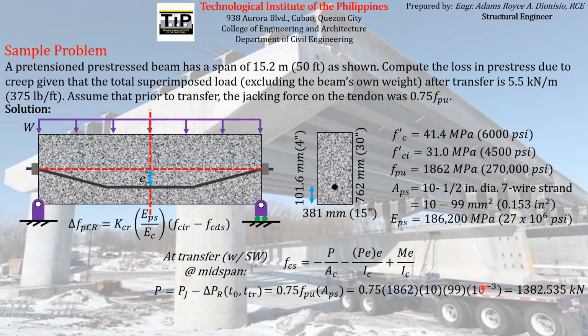So we just converted it to kilonewton. So the resulting value will be equal to this. So that will be the P, the initial pre-stressing force that we will use in finding FCIR here.